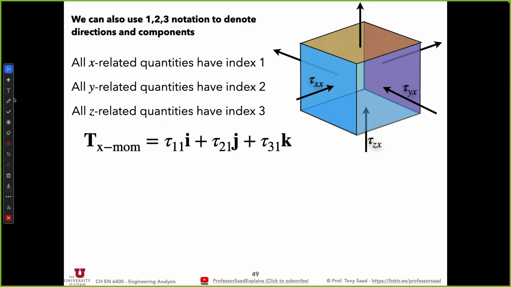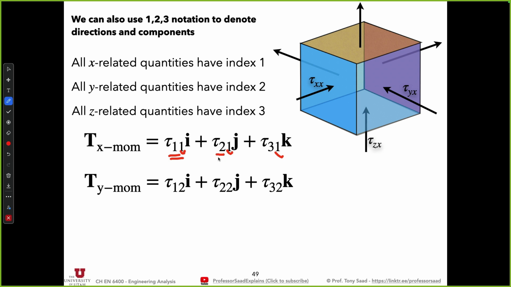So my second index is going to be 1, talking about x momentum. And then my first index is going to change across all three directions. So tau 11 is the diffusion of x momentum in the x direction, or diffusion of the first component of momentum in the first direction. Tau 21 is diffusion of the first component of momentum in the second direction. Tau 31, diffusion of the first component of momentum in the third direction.